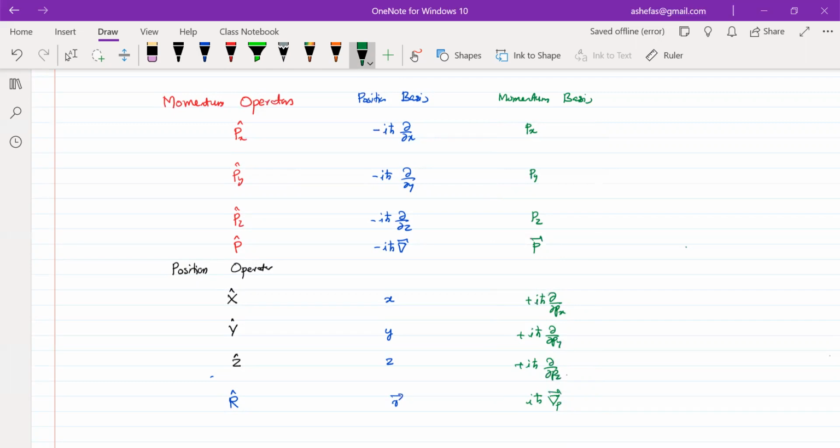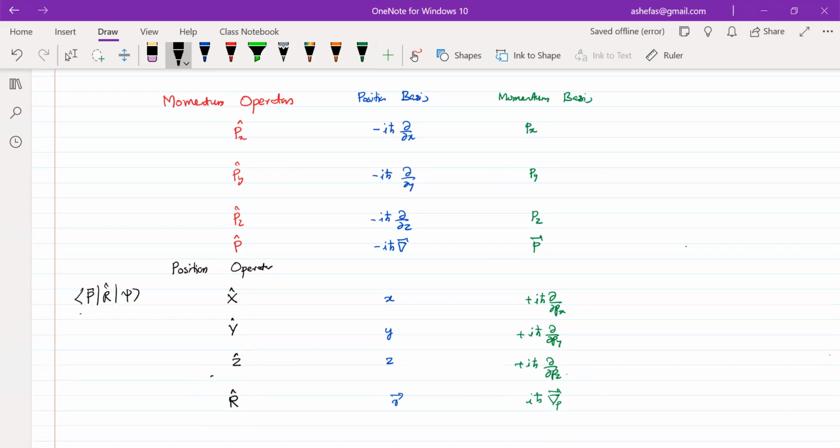I am leaving one thing for you to do as an exercise. You should find the position operator representation in the position basis and the momentum basis. You can follow the same steps that we have done for the momentum operator. The main thing is, to start with the position operator in the momentum basis, we have to start with the inner product ⟨p|R|ψ⟩. That is the starting point.